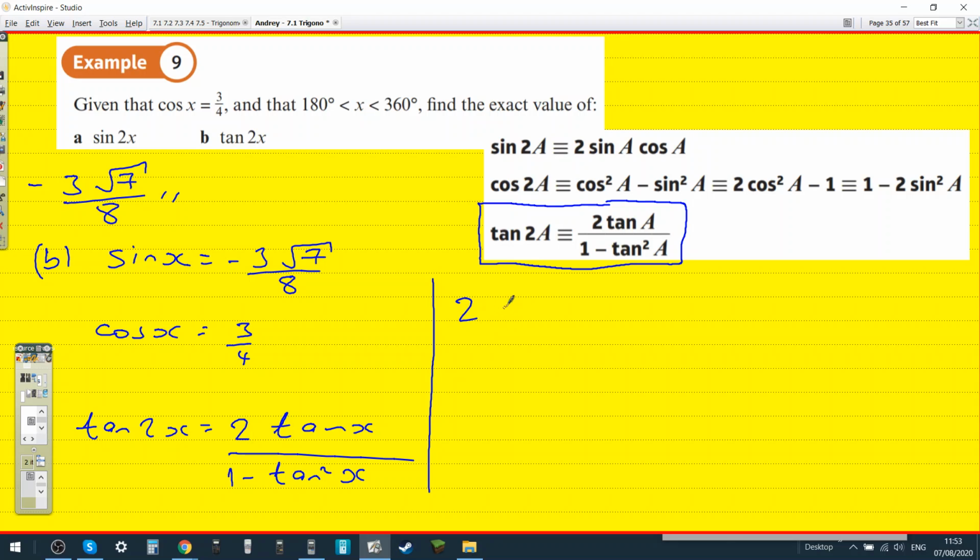Tan is the same as sine over cos. Yep. Oh, right. Divided by 1 minus sine over cos squared x. So should I now sub in the values? So minus 3 root 7 over 8.